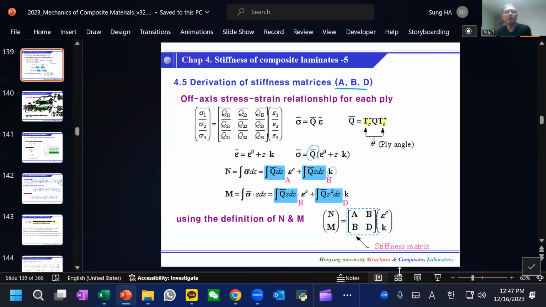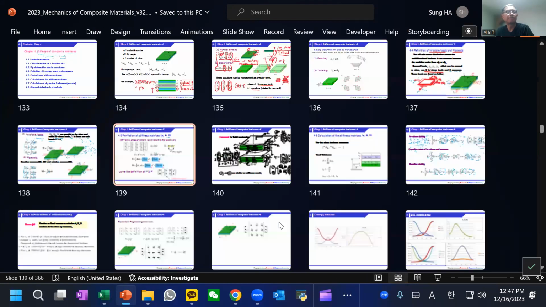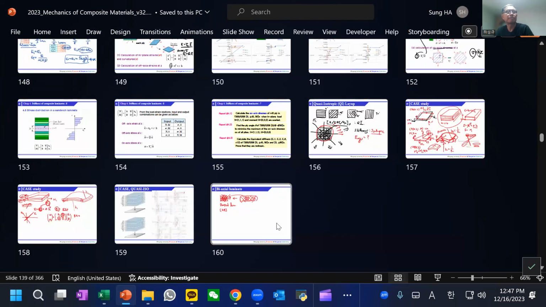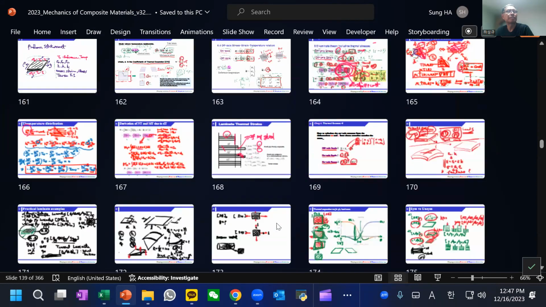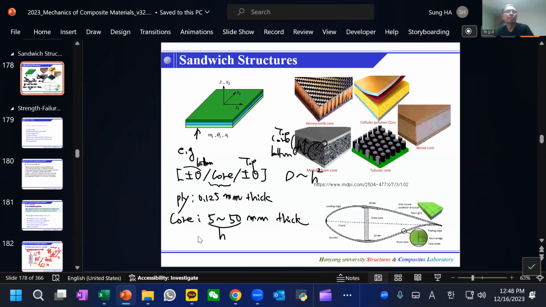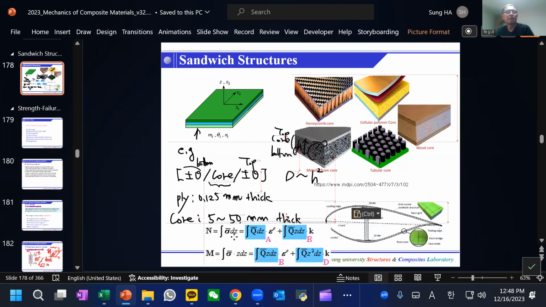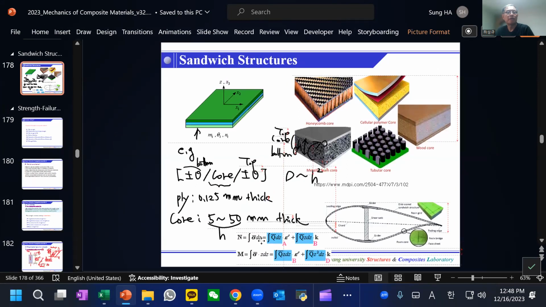If we remember these equations, the ABD matrix derivation and its physical meaning are important.